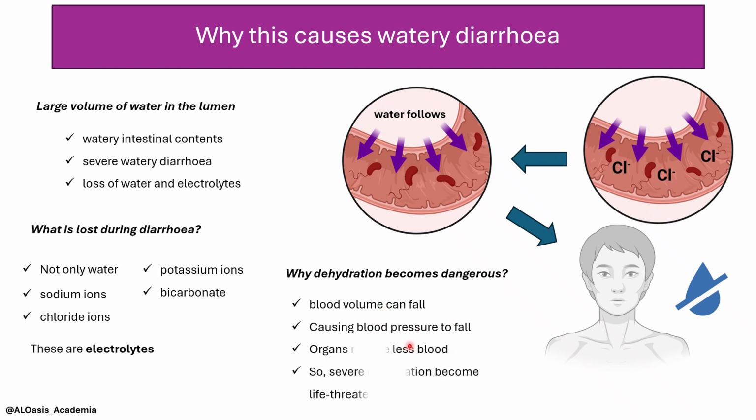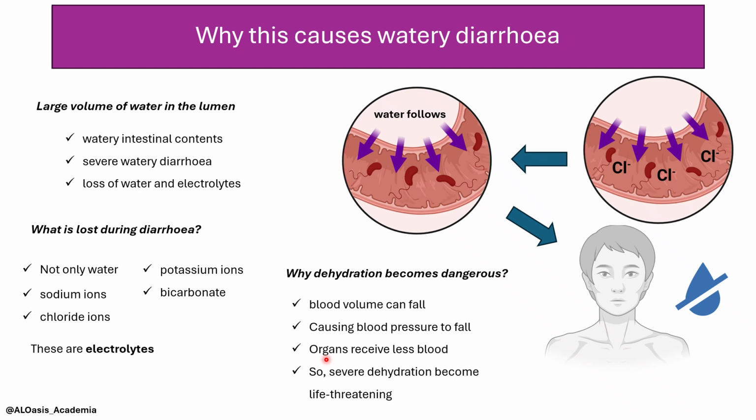pressure. Severe low blood pressure is very dangerous, because low blood pressure means that the organs will receive less blood. For example, if organs like the liver and the heart receive a very low amount of blood, this would result in organ damage.